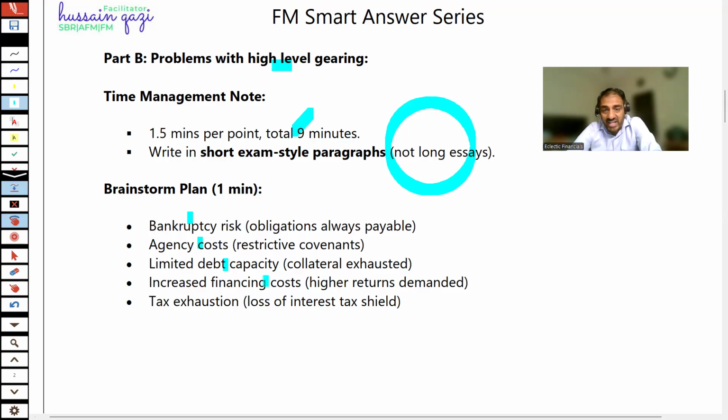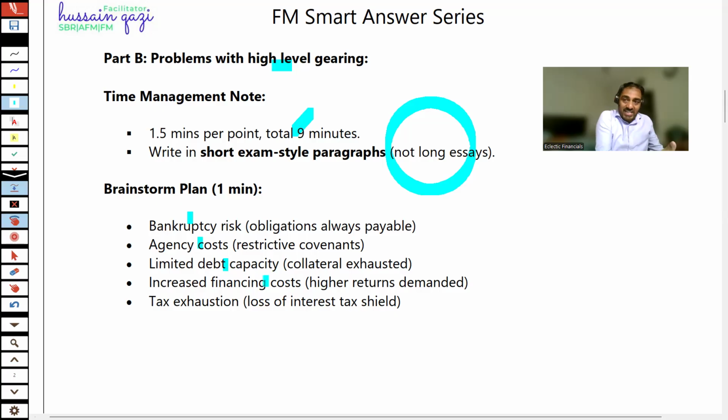Obviously, an increase in finance cost. Once the company takes on more debt, that results in high financial risk. So both the equity holder and the debt holder expect a high return.